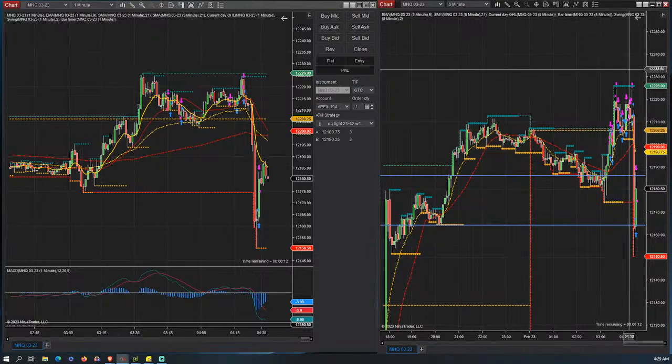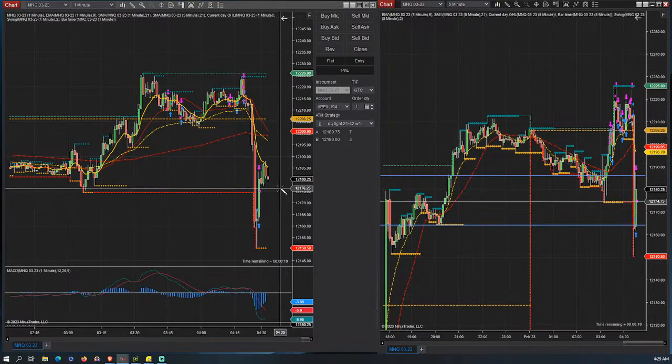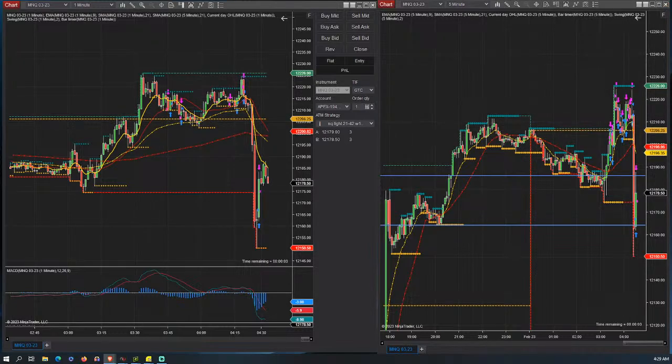May just chop around now. Alright, my other stuff here. TradingView.